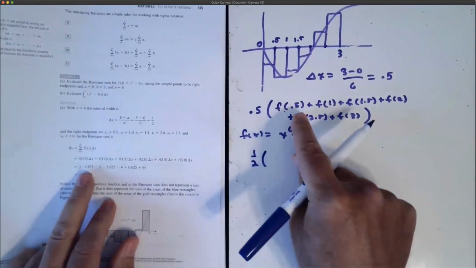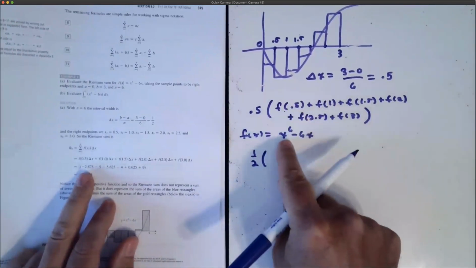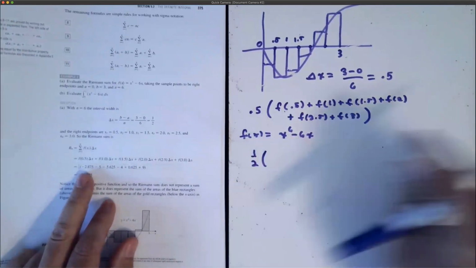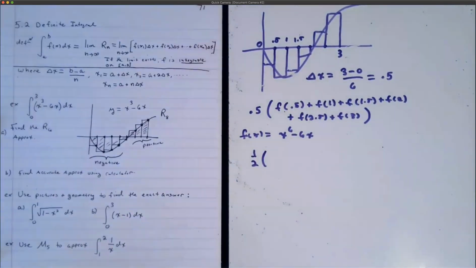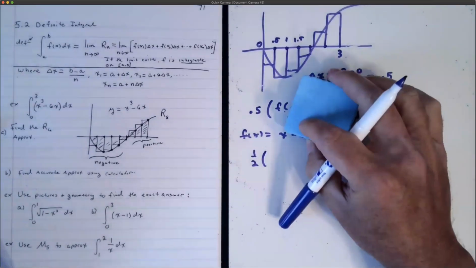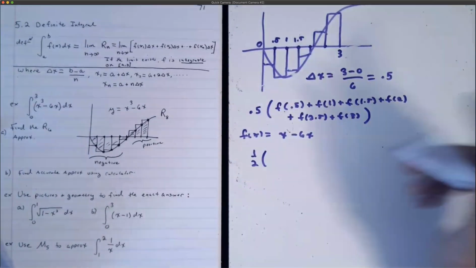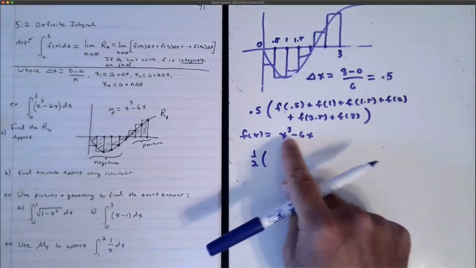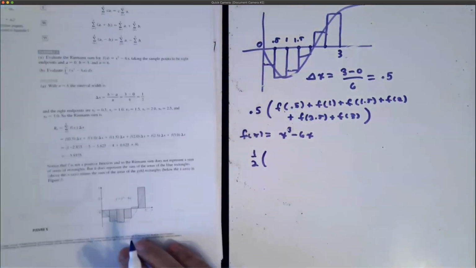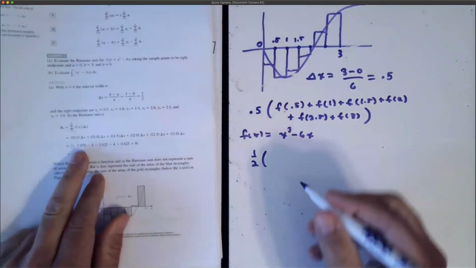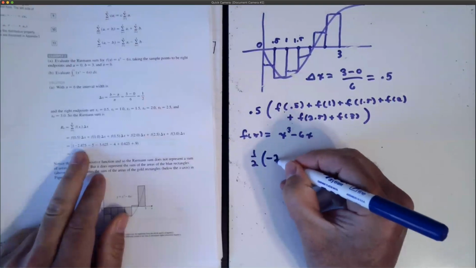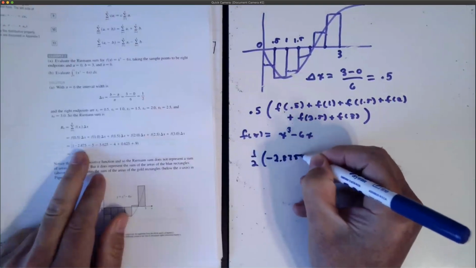When you plug 0.5 into x cubed minus 6x, you're going to get negative 2.875.